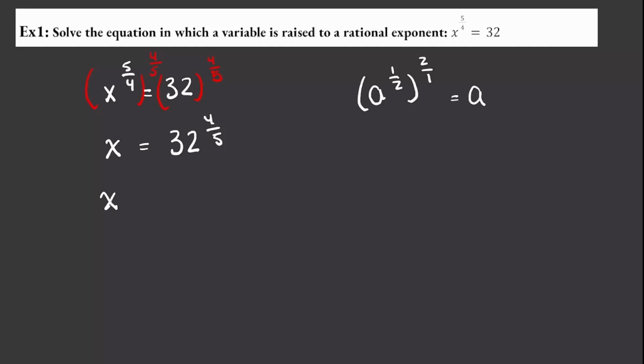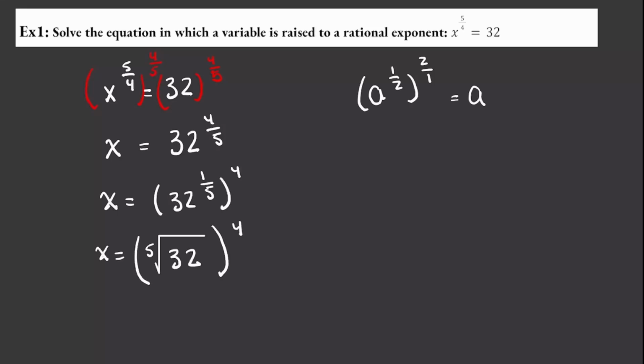So I am going to use the exponent property and rewrite this as 32 to the 1/5 to the 4th power. Now 32 to the 1/5 is basically the 5th root of 32, raised to the 4th power.